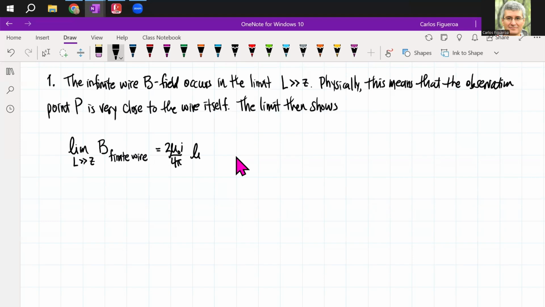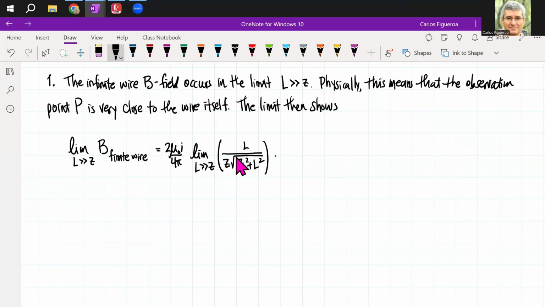And I'm really looking at this limit for the square root of z squared plus L squared, divided into L. That's what we're really looking at. And one of the things that we could see here is that if I ignore z and essentially set that to 0, then I really have 0 plus L squared, the square root that is, and then I'm only going to get a term that's going to be z plus L.